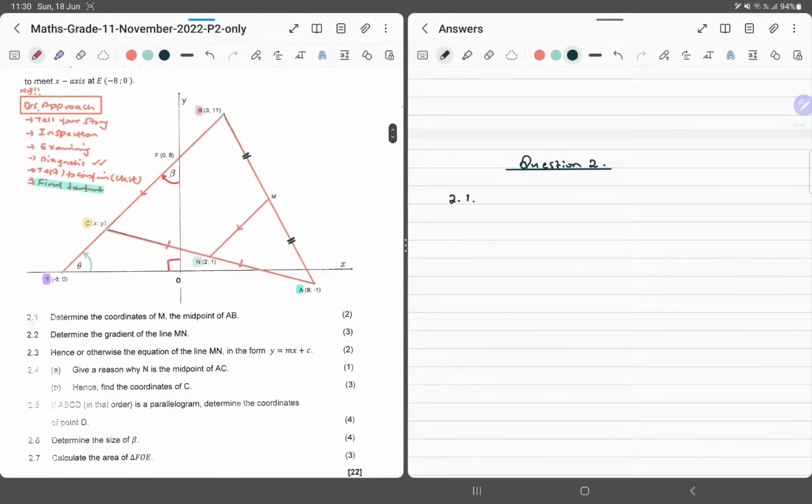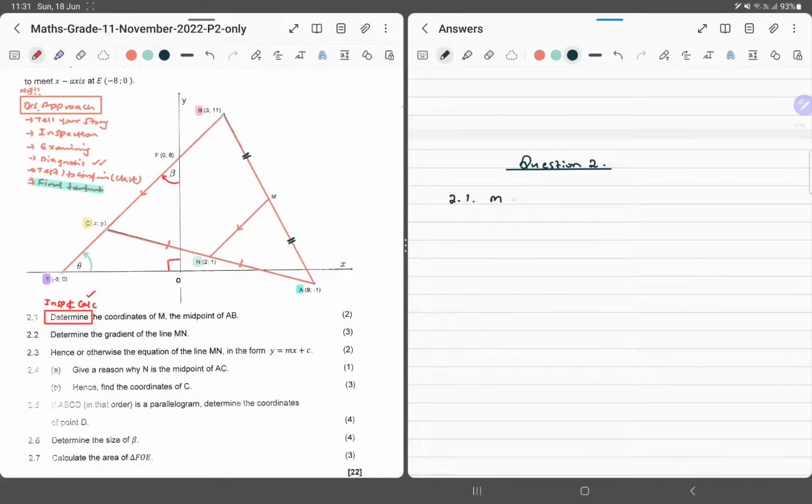So question 2.1 says determine the coordinates of M. Now you know that when the question says determine, you've got 2 techniques, inspection and calculation, for your grade 12. So you can decide which one is going to work. Well, it's obviously going to need calculation.